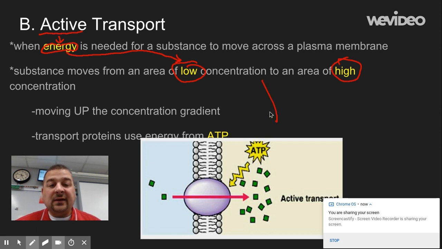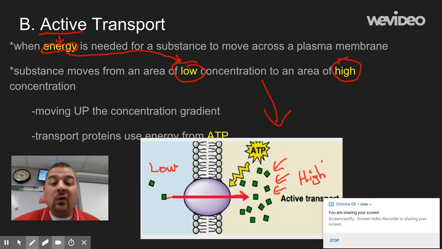If you look down here at this picture, notice there's lots of green dots inside the cell. So we would say our high concentration is inside the cell. Out here would be our low concentration. Look, we're moving from where there's just a couple of them, low concentration, to where there's already a bunch.